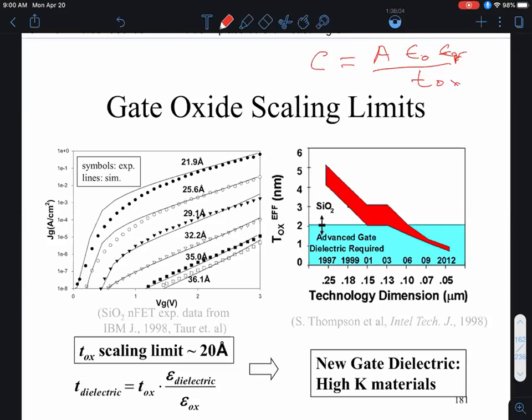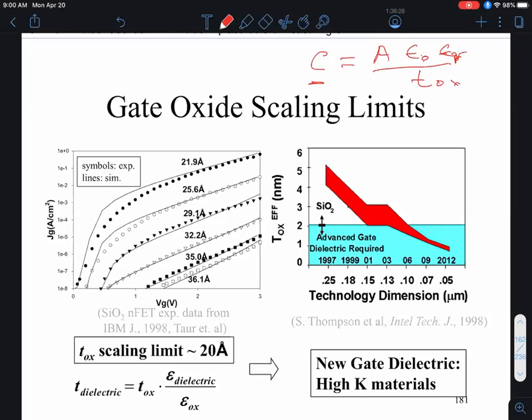The issue can be seen if you look at the formula for a parallel plate capacitor shown over here. C is equal to, for a capacitor of area A, the area times the dielectric constant, which in turn can be written as a free space dielectric constant epsilon naught times the relative dielectric constant epsilon r.